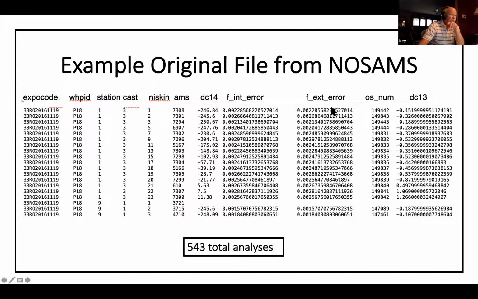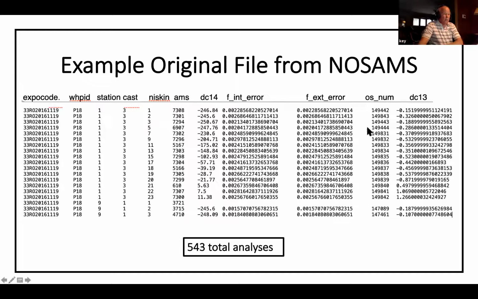The external error can be larger or smaller. Typically, if it's different from the internal error, it will be larger, and it would be the result, a standard deviation of multiple analyses of the same target, so the same graphite target.